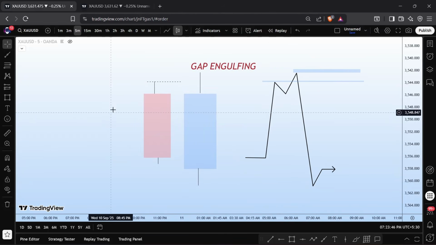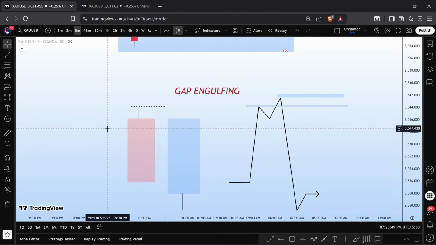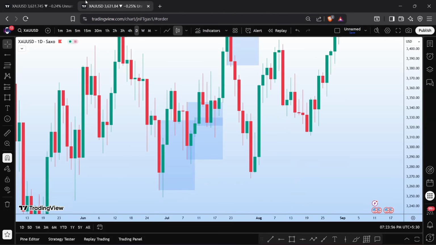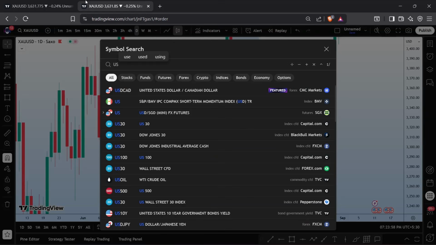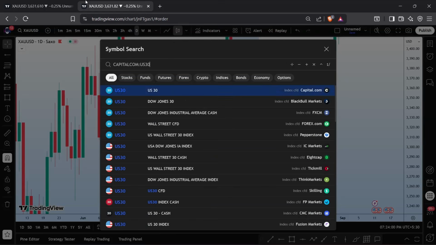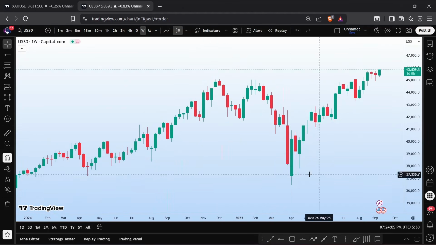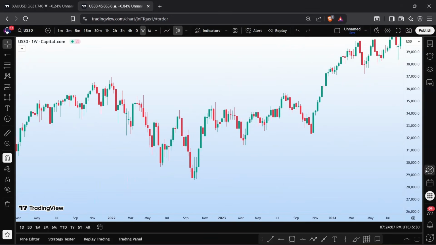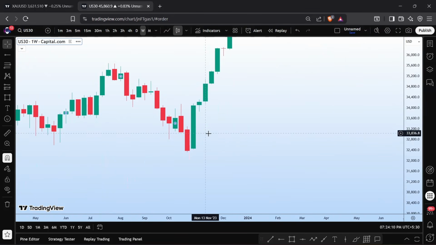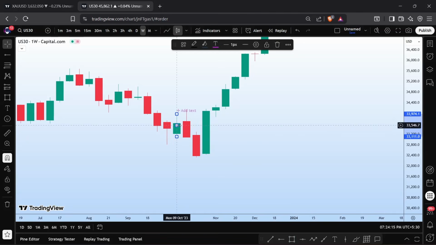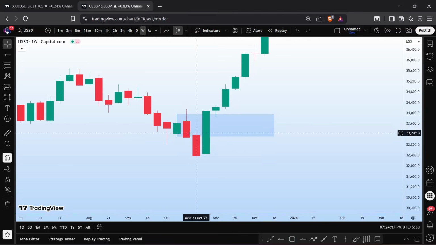Let's look at the example on the live market. I have a very beautiful example over here. So over here I can see this engulfing sell, which is a perfect engulfing sell, right?